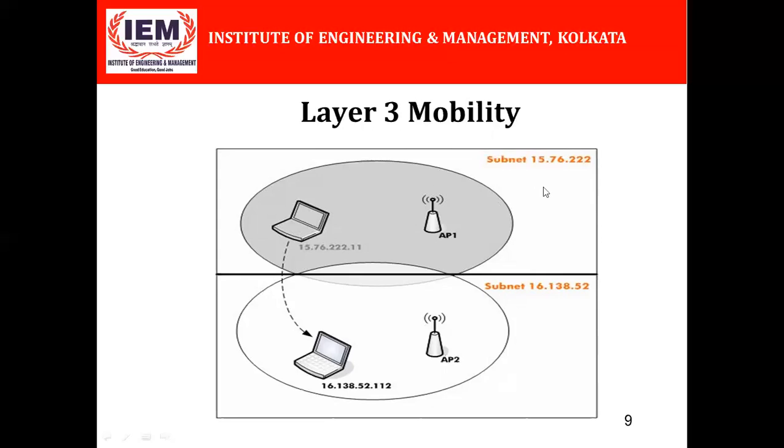Then what happens? This access point is present under one address, another access point is present under another address, then the address of the device may be changed. This is the basic idea about IP addressing.